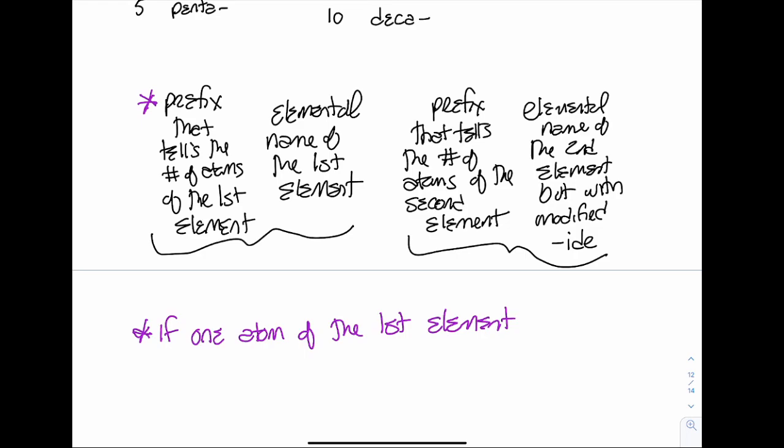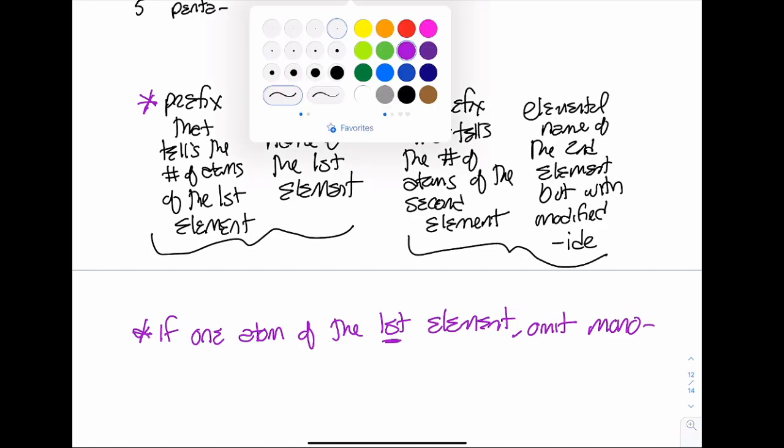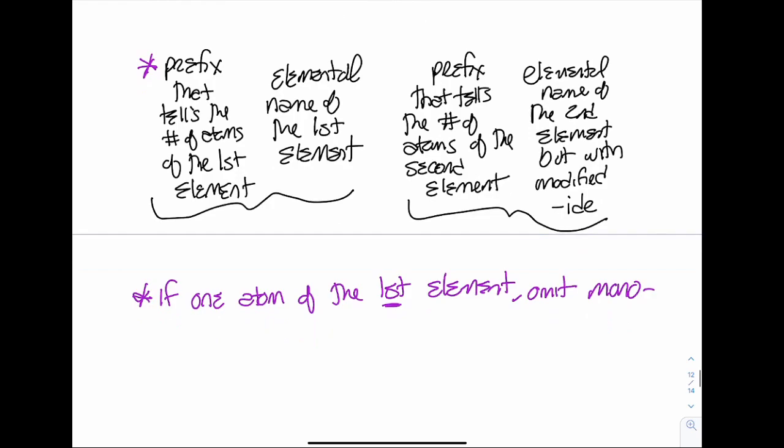So if one atom of the first element, omit mono. If there's one atom of the second element, I'm not going to omit mono. Again, this is only for the first one. And then another asterisk that goes for all of it, so I won't put it up there.